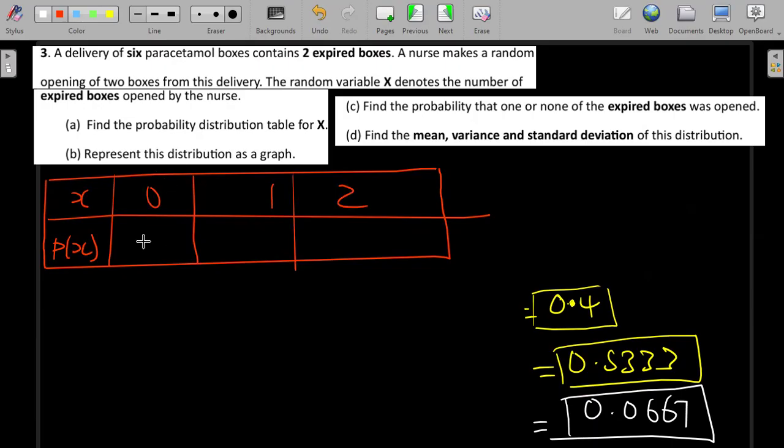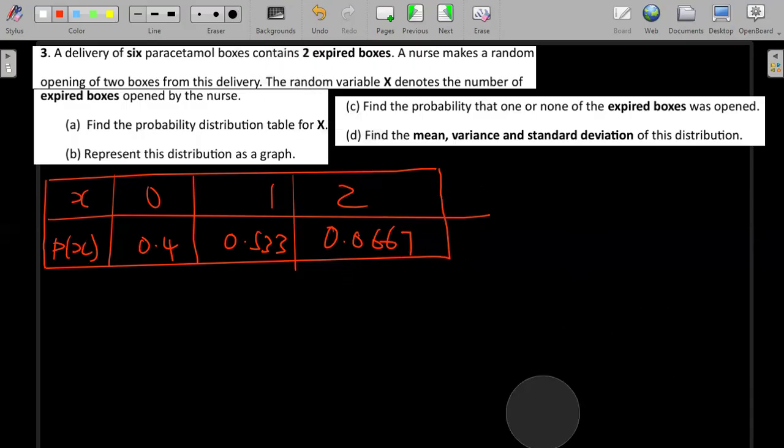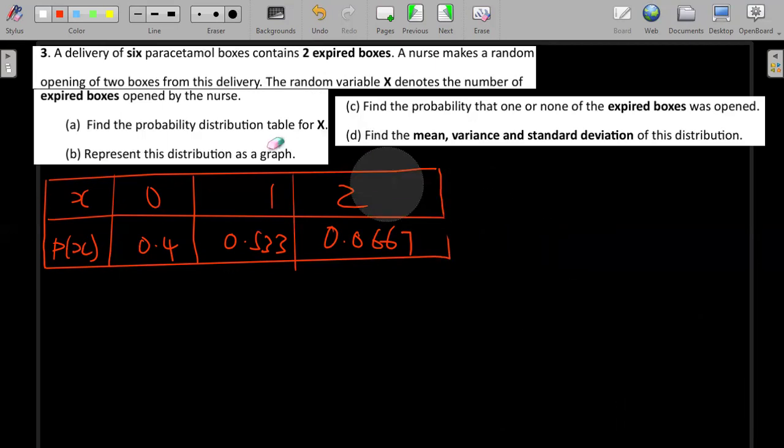The probability of 0 is 0.4, the probability of 1 is 0.533, and the probability of 2 is 0.0667. So this table that I've drawn is the probability distribution of X.